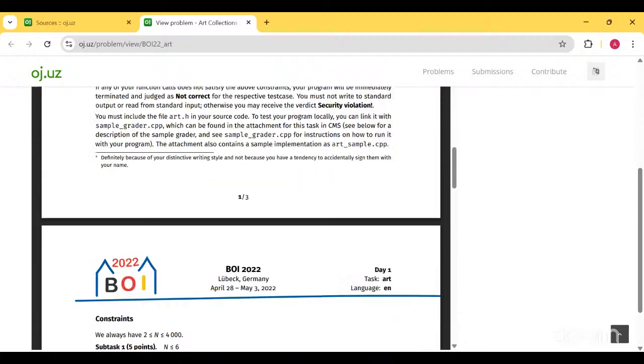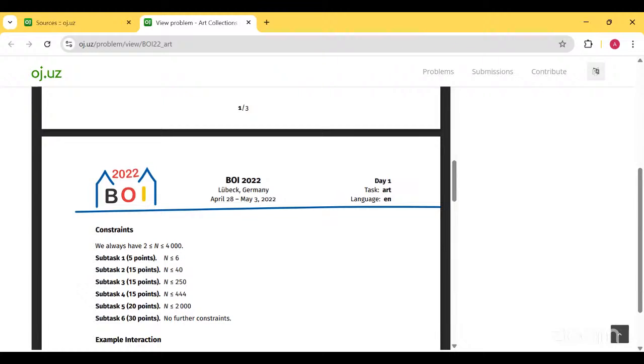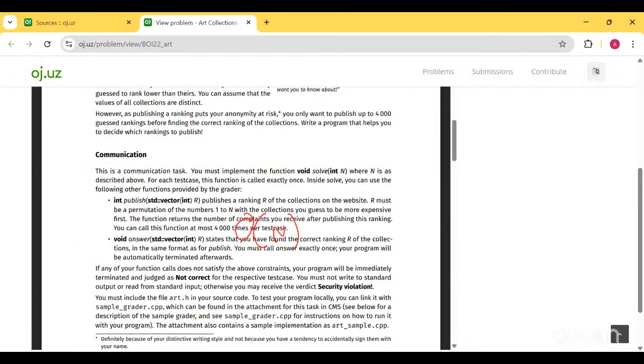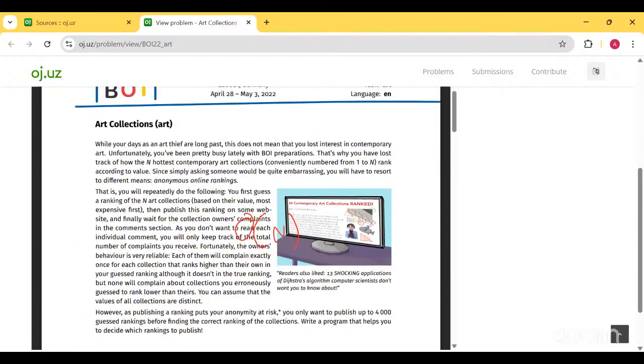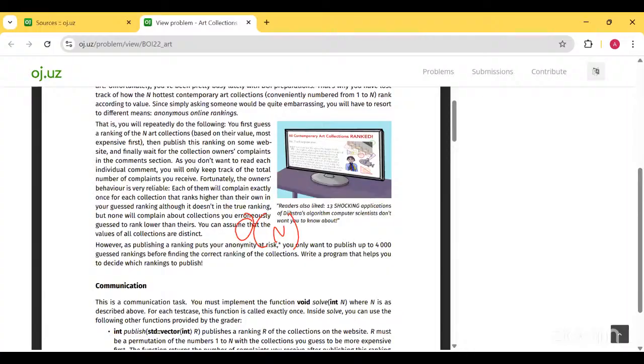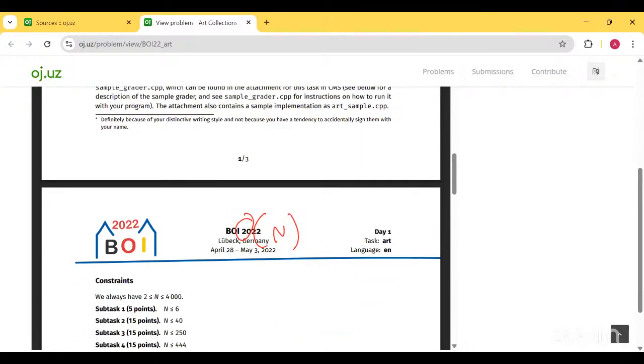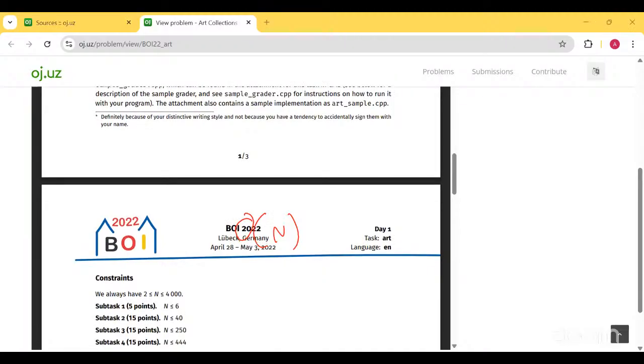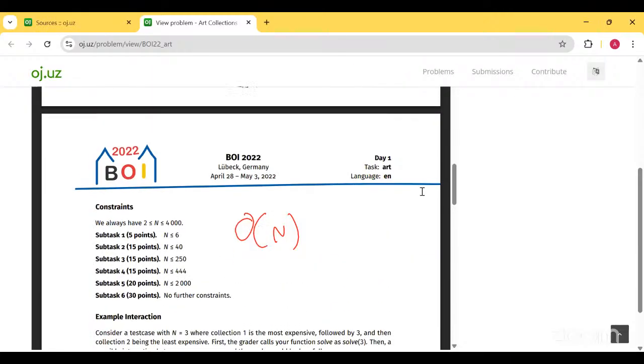And of course, we need O(n) queries, right? Because n is 4,000 and the maximum number of queries is 4,000 as well. All right. So just query like that, and then we get some formula.